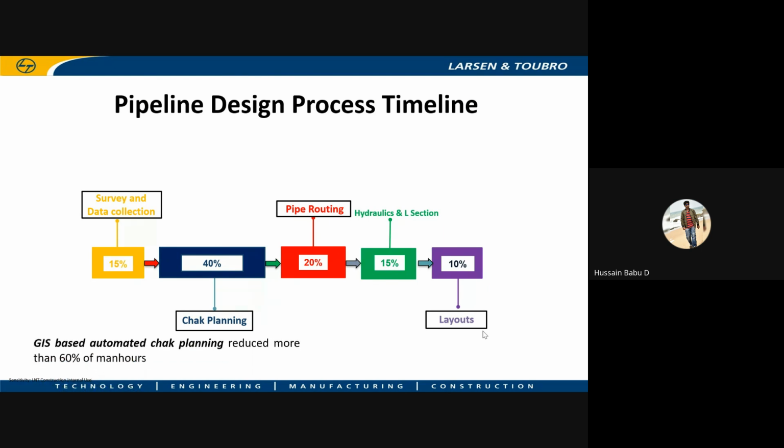Next is chuck planning. Chuck planning is a process by which we cluster the land parcels of farmers for a specified area. As per the tender specifications, usually it will be a 2.5 hectare or one hectare chuck.